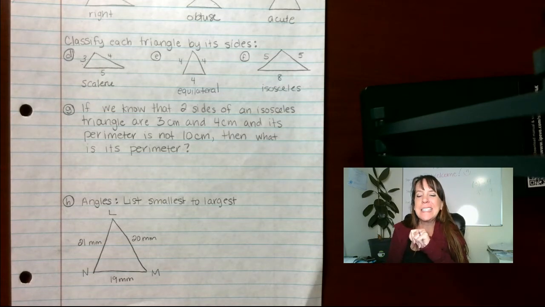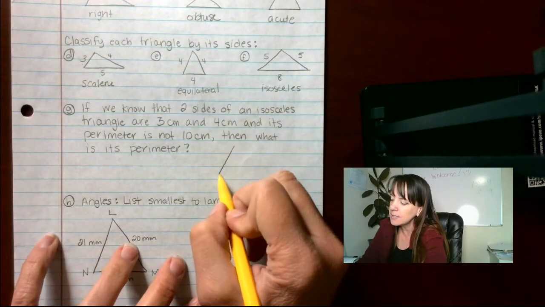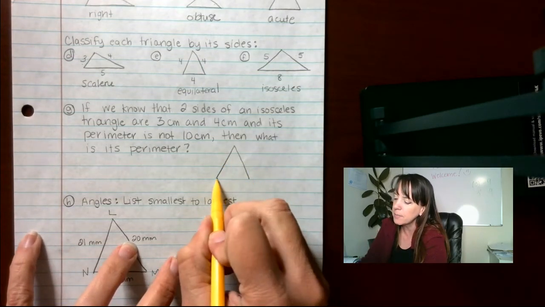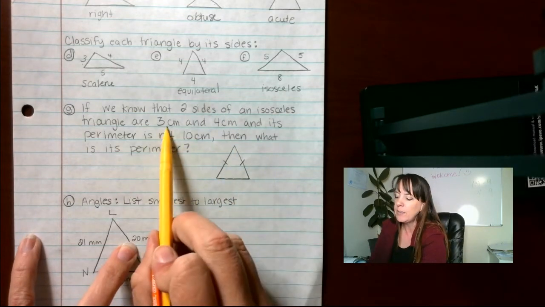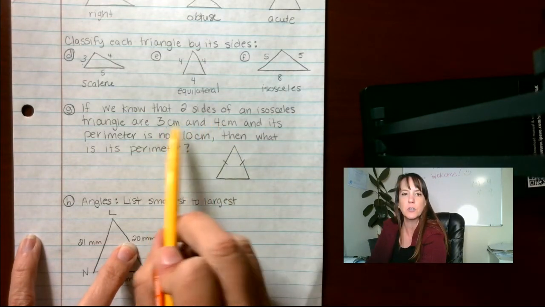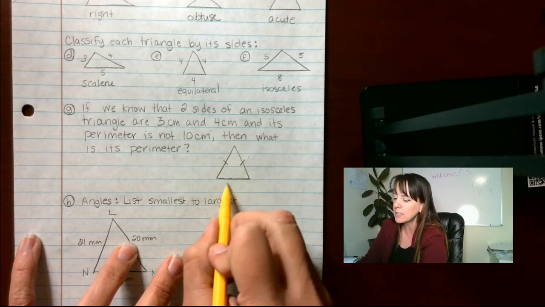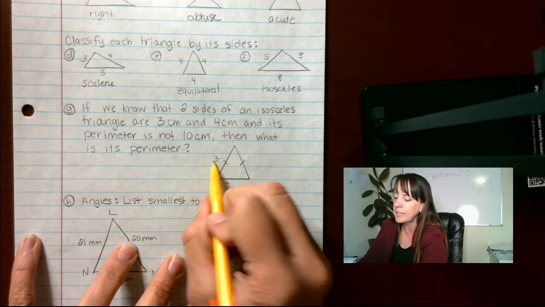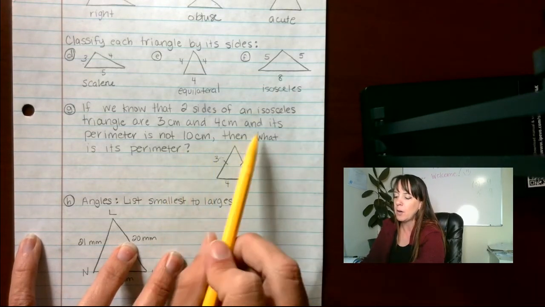All right, if we know that 2 sides of an isosceles triangle are 3 centimeters and 4 centimeters, and its perimeter is not 10, then what is the perimeter? Again, an isosceles triangle has 2 sides that are the same. So we know this side is going to be the same as this side, okay? Well, we know 2 of the sides are 3 and 4. 3 and 4 can't go here, so 1 has to go here. If we do 4 here and 3 here, that would make this guy 3. So what is the perimeter?